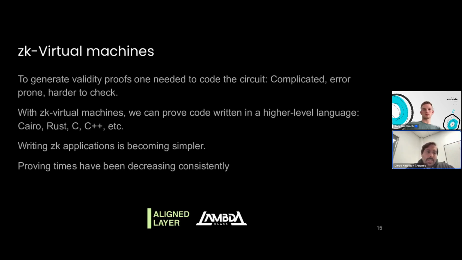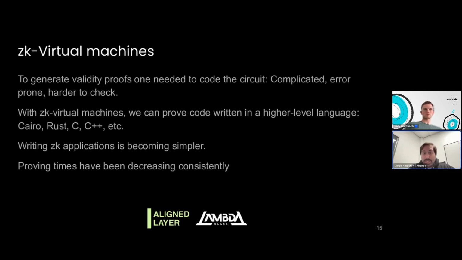And if we audit the implementations of the VMs and all that, it's something that will take time, okay? But once it's done, we know that the VM is secure and everything is going to work so fast. So the idea is that right now, proving times have been decreasing consistently, and it's going to be easier to write verifiable applications.